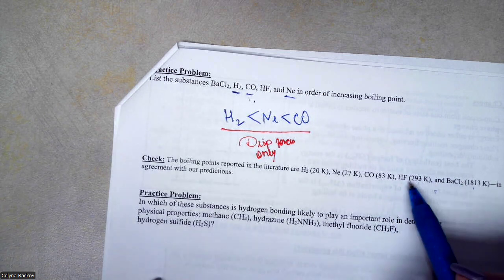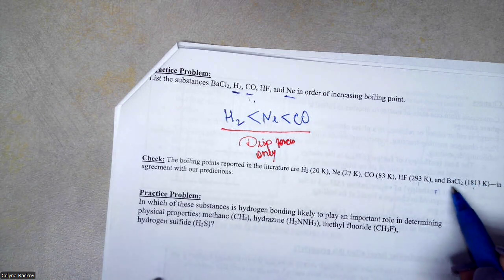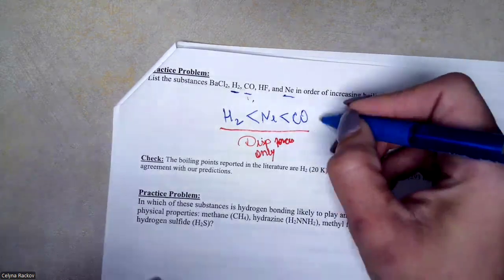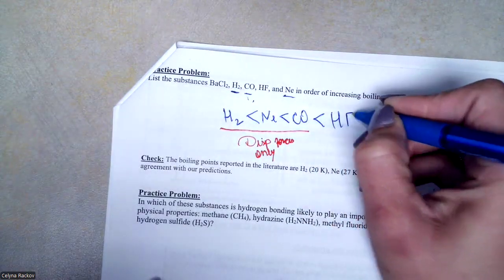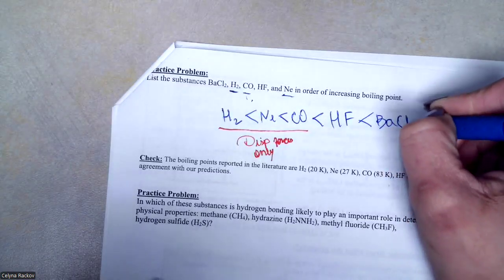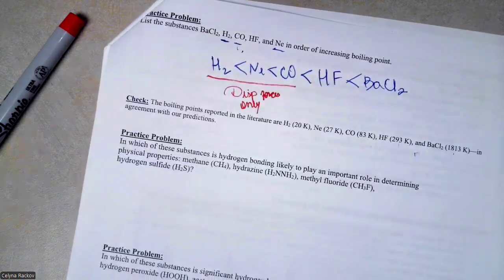If you compare with barium chloride, this one has a much higher molar mass. So the order is HF, and then barium chloride here.